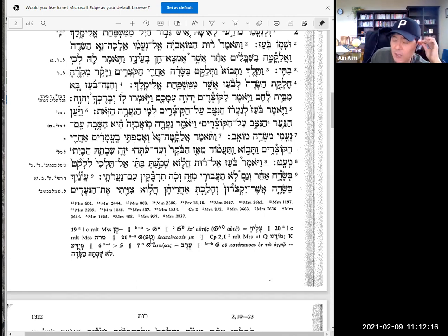So Syriac and Vulgate tend to be dependent on the Septuagint, not all the time, but mostly. That's why you can see the great portion of agreement between Septuagint and Syriac and Vulgate. But anyway, the idea is, it indicates the serious exegetical point.